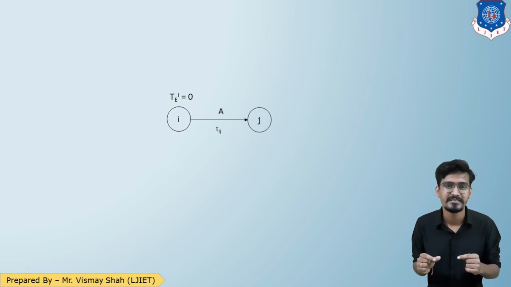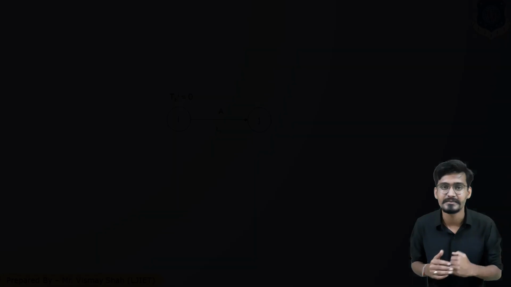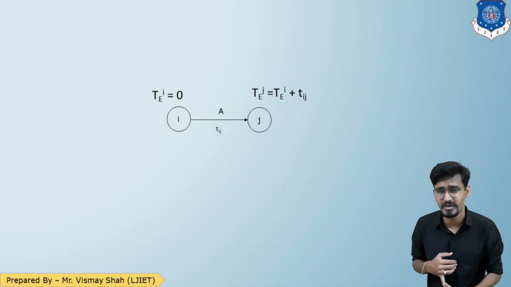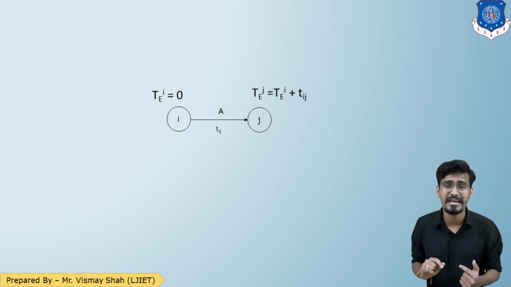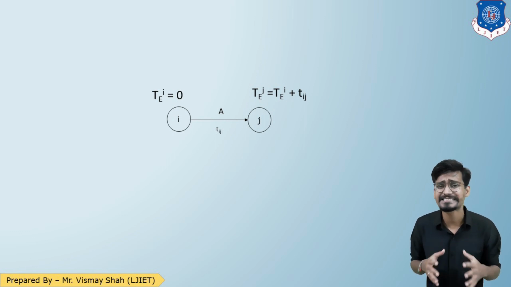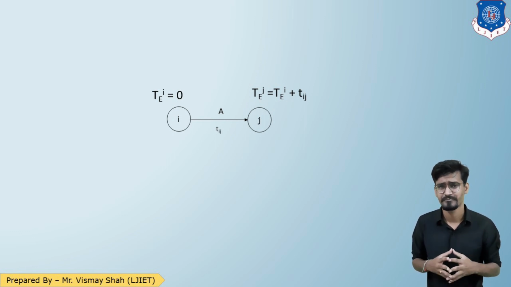So that will be my TEj, earliest event time for j. Let us see. All right, so as discussed, TEi equals 0 and then TEj equals TEi plus tij. So that is my earliest event time.